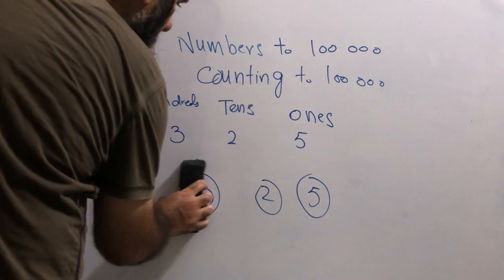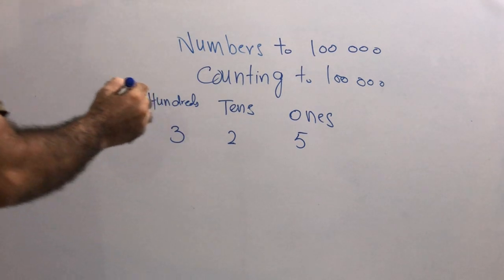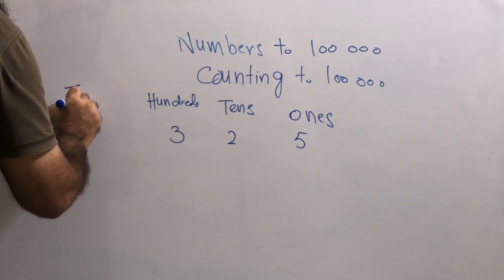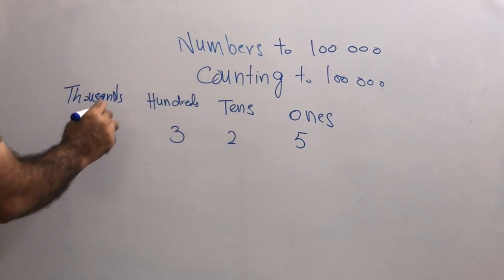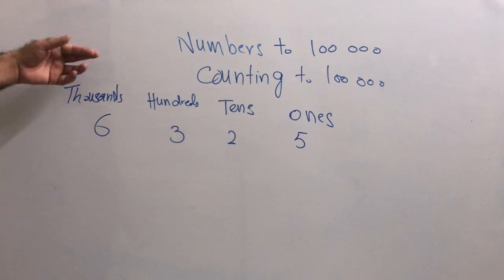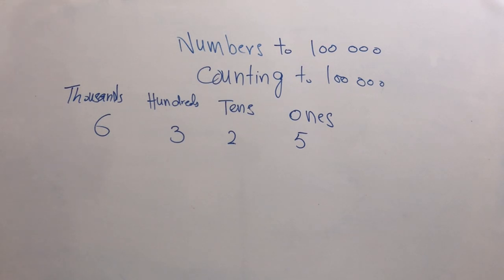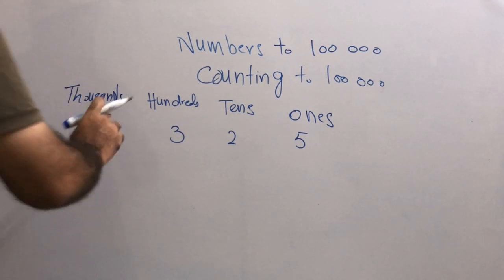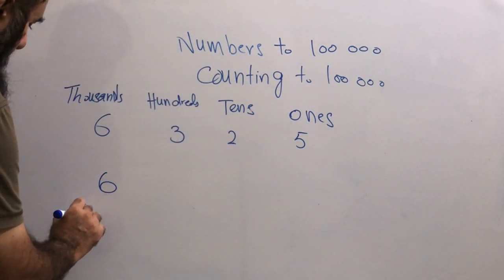If we move to an even bigger place than hundreds, that is called thousands. If I write 6, 3, 2, 5, we read it as 6,325. When we analyze this number, how many thousands? 6 thousands.